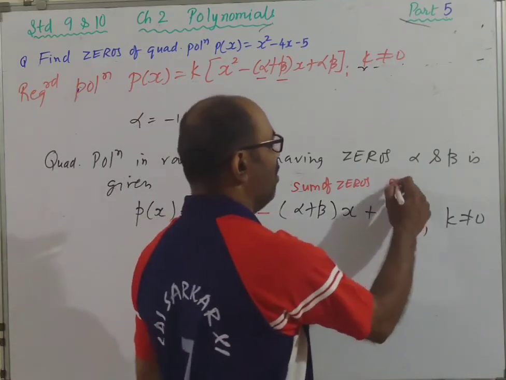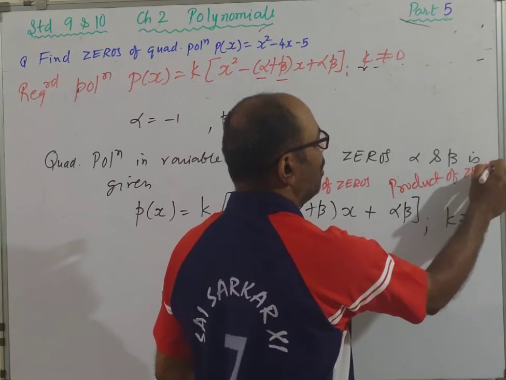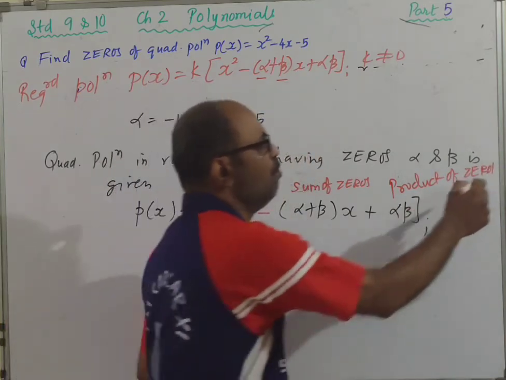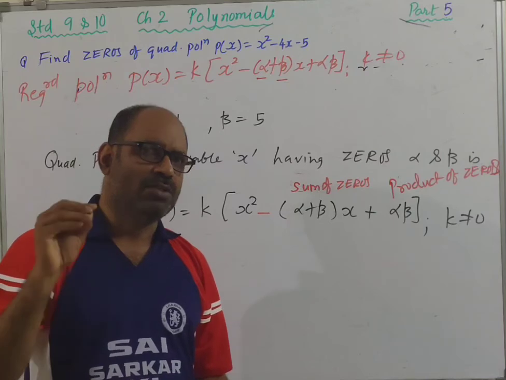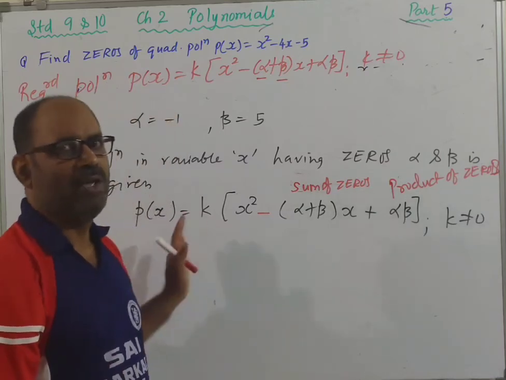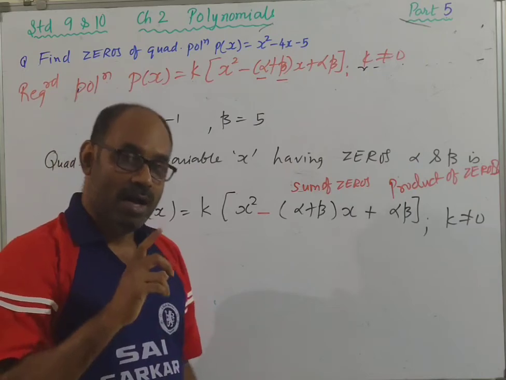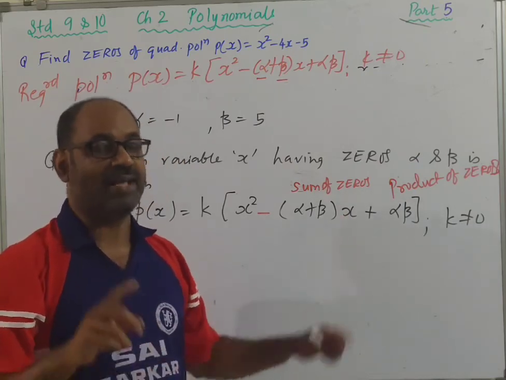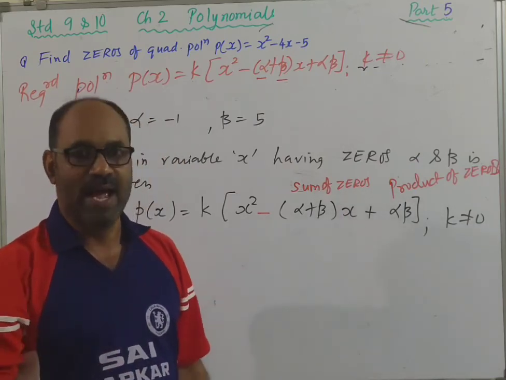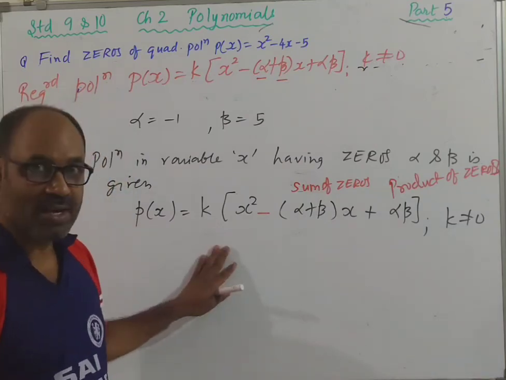And what is the third term? Product of zeros. So in short, the quadratic polynomial whose zeros are alpha and beta is given by p of x is equal to k into x square minus sum of zeros into x plus product of zeros, where k is not equal to 0. Is that clear to you, children?